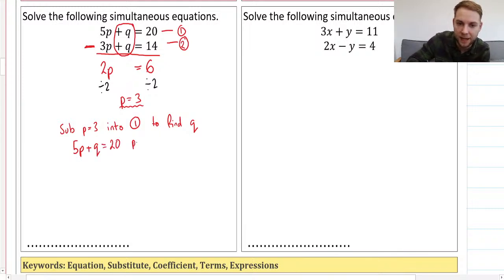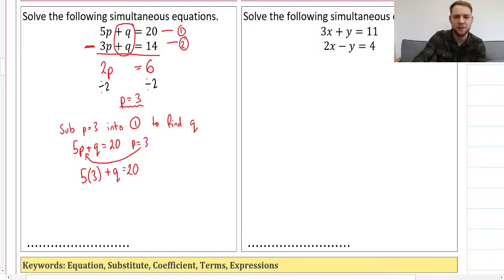And I know that P is equal to 3. So if I put this into here, 5 times 3 plus Q is equal to 20.